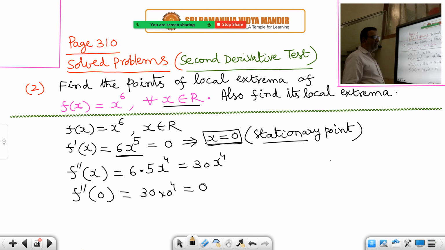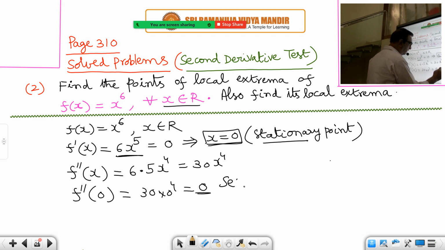If the second derivative is positive, local minima. If the second derivative is negative, local maxima. But the second derivative here is 0. So what can we say now? We cannot say anything about the function at x equal to 0, because the second derivative test has failed.